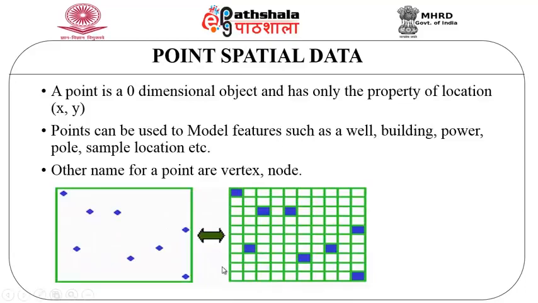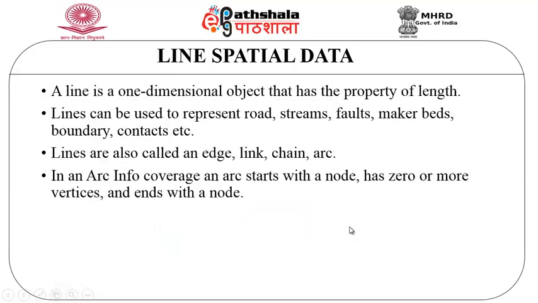So this is an example of point spatial data. If you look at it here, there are various points being plotted on the screen, and the other representation is these points being plotted on a grid or in a matrix form.